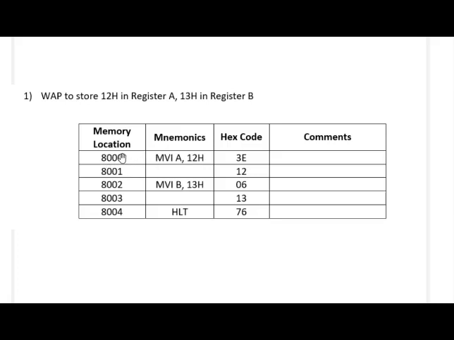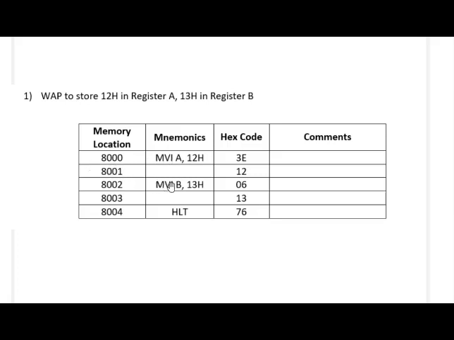Whenever we want to write a program for the microprocessor, we need to specify the memory location. 8000 is the first memory location, then 8001, 8002, 8003, 8004 and so on. Every memory location can store 1 byte of data. Because MVI is 2 bytes, at 8000 we write this instruction and leave 1 byte, 8001.